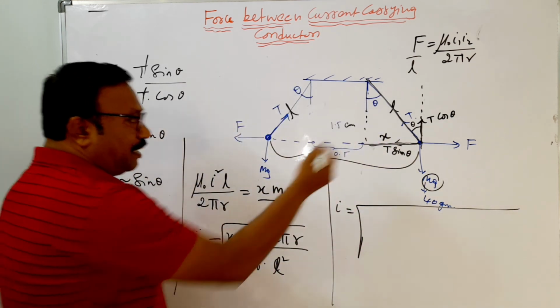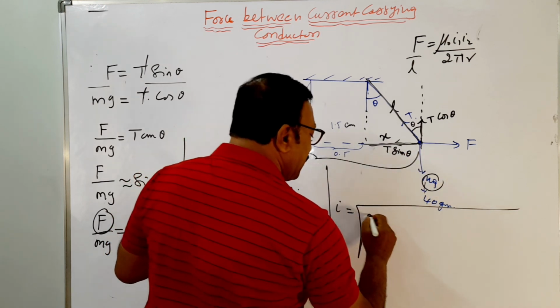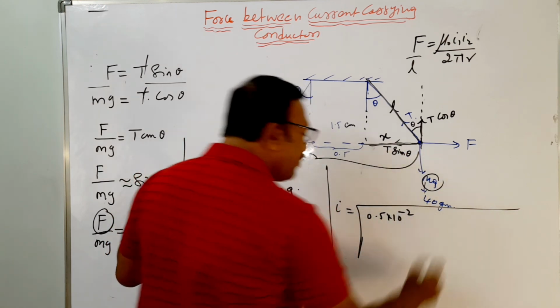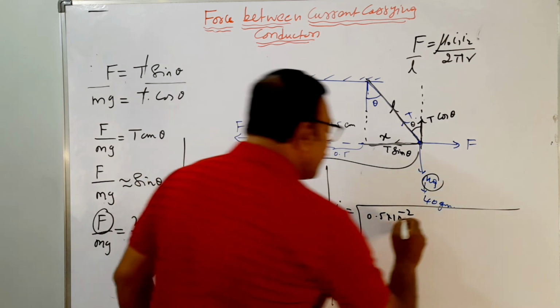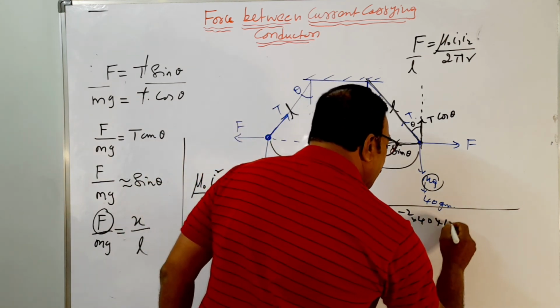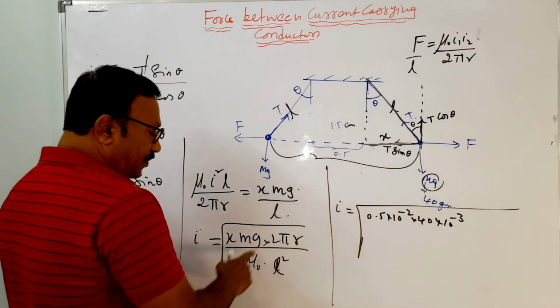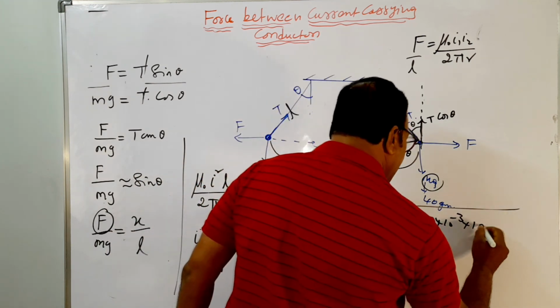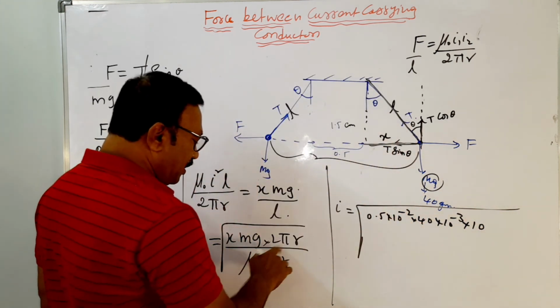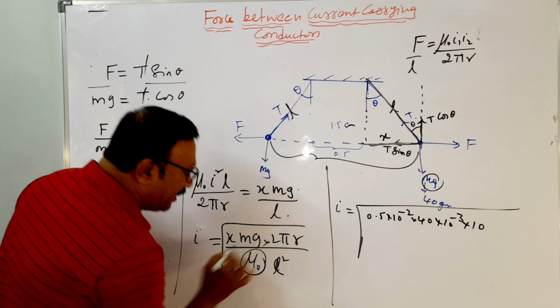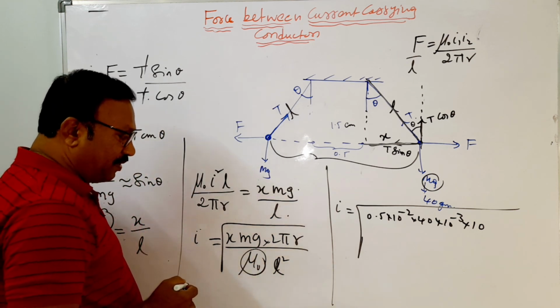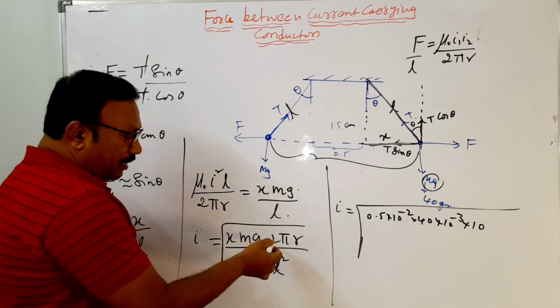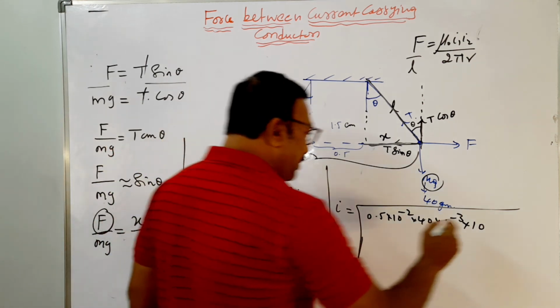X, I have already discussed, is 0.5 centimeters, which means 0.5 into 10 to the power of minus 2 meters. Mass is 40 grams, this is 40 into 10 to the power of minus 3 kg. And g is 10, I will take, or 9.8, whichever suitable. Anyhow, this mu naught value I will take as 4 pi into 10 to the power of minus 7. And then this 2 pi is there, so 2 pi I will keep as it is.